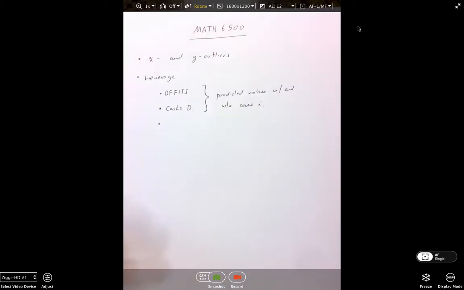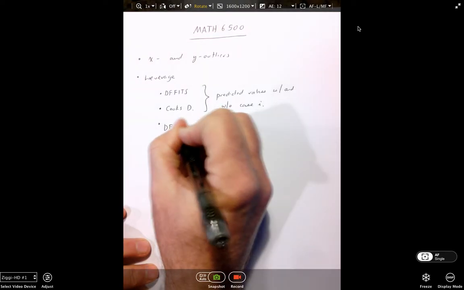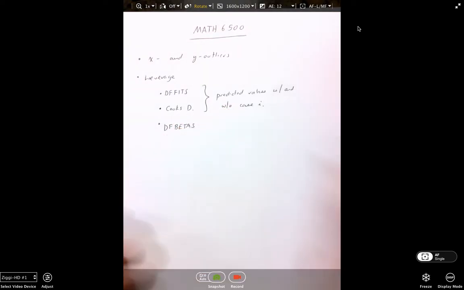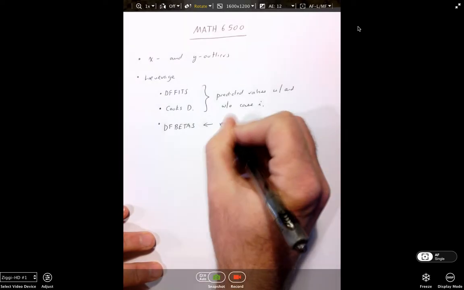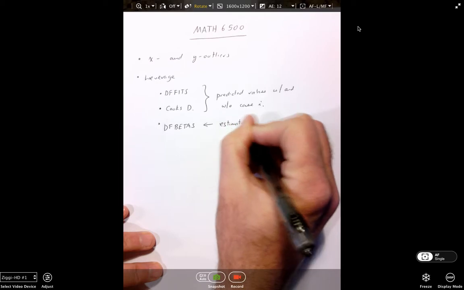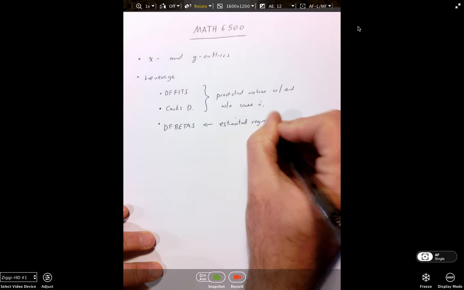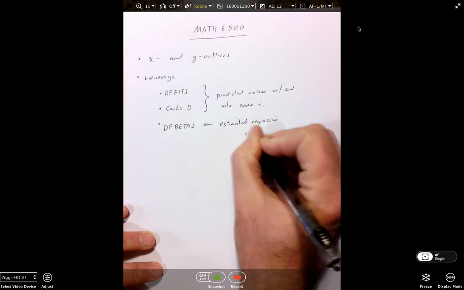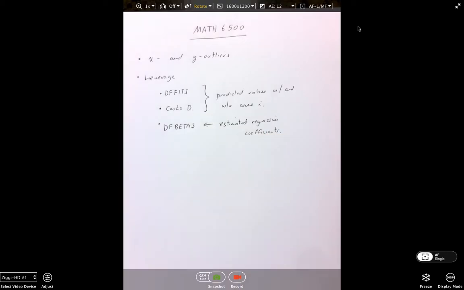The next thing we did is shift our attention to DFBETAS, and this one examined the estimated regression coefficients and how they may possibly change with case i being deleted.